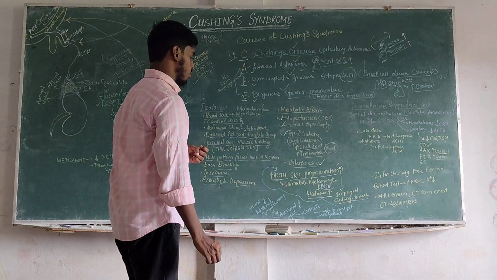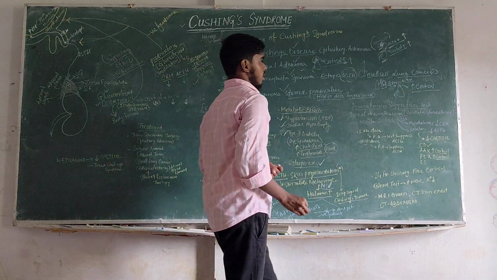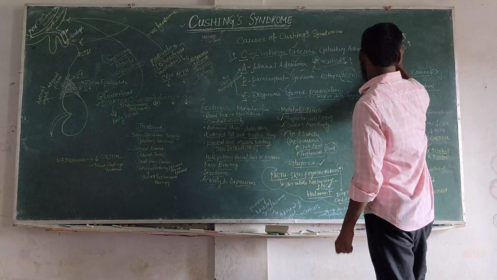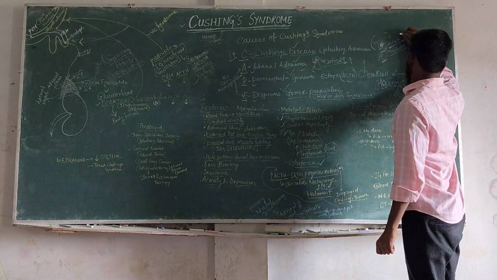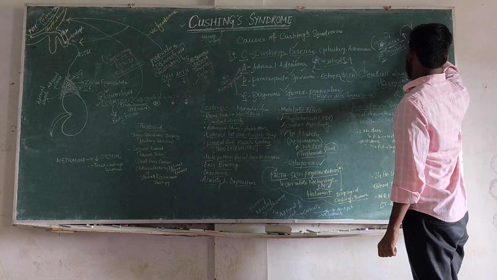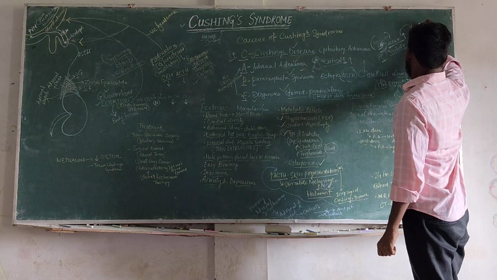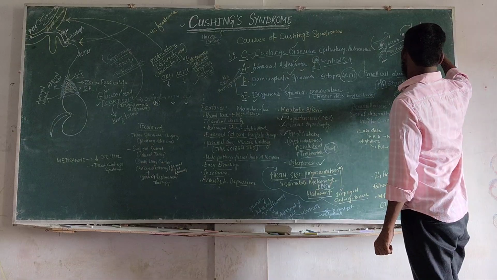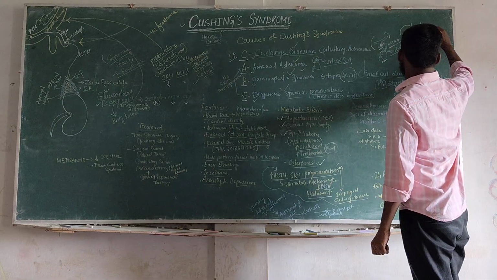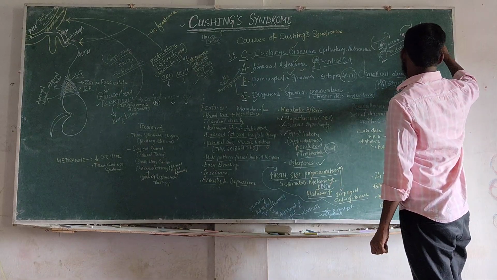If we take a deeper look, whenever the pituitary adenoma happens, it can create a higher amount of ACTH, and this higher amount of ACTH will create a higher amount of MSH, and this will create more skin pigmentation because of melanin.